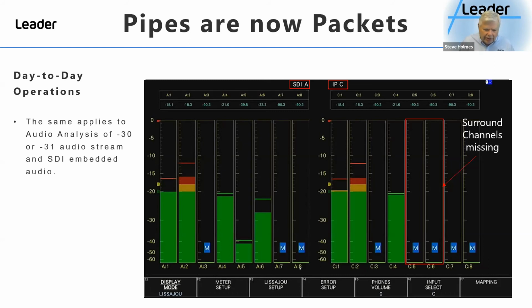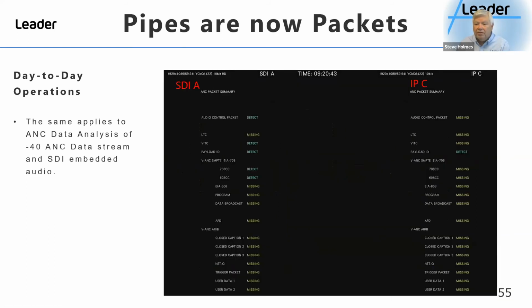They're still looking at group 1, group 2, group 3, and group 4. Some IP pieces don't look at it that way, but apparently this gateway does, because it stripped off the last 4 channels and did not send them through the system.